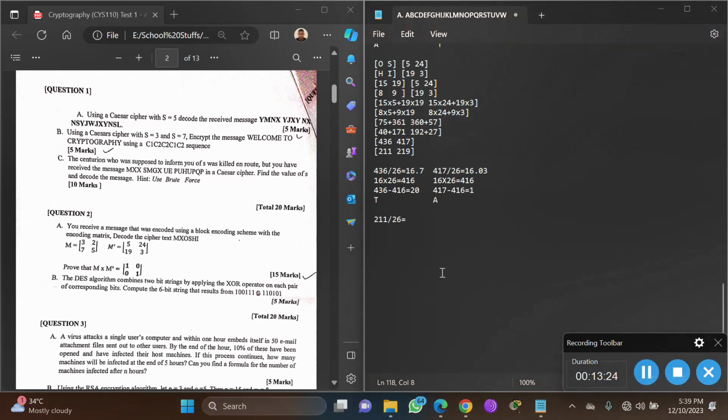So here we get 8.1. Okay, so we'll say 8 without a point, then times 26. So because our alphabet is ending at 26, 8 times 26, we get 208. So the whole number, which is 211 minus 208, our new answer, we are getting 3. On the alphabet, 3 is represented by C.